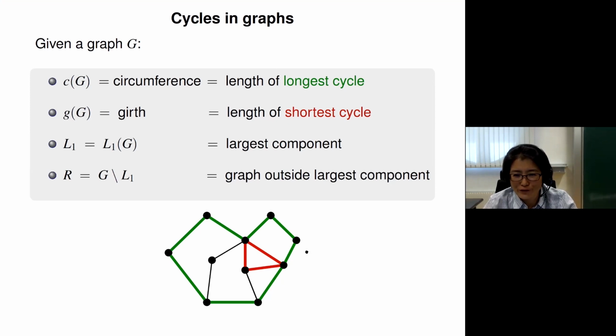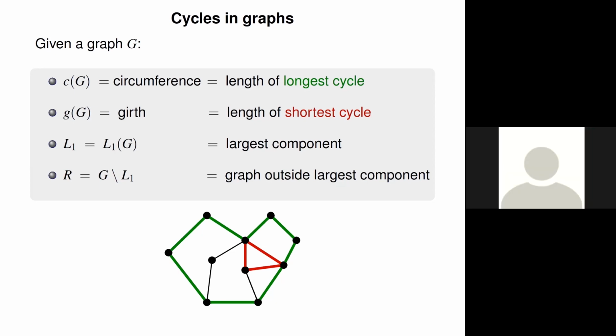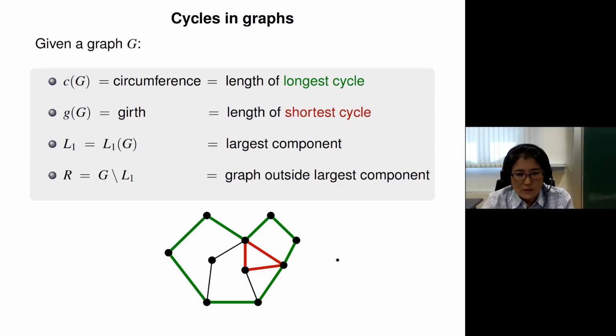Big G of G denotes, it's not a genus, but the girth. The girth is the length of the shortest cycle. Here, this triangle. If there are many, then I care just about the length of the shortest cycle. So, girth and circumference.